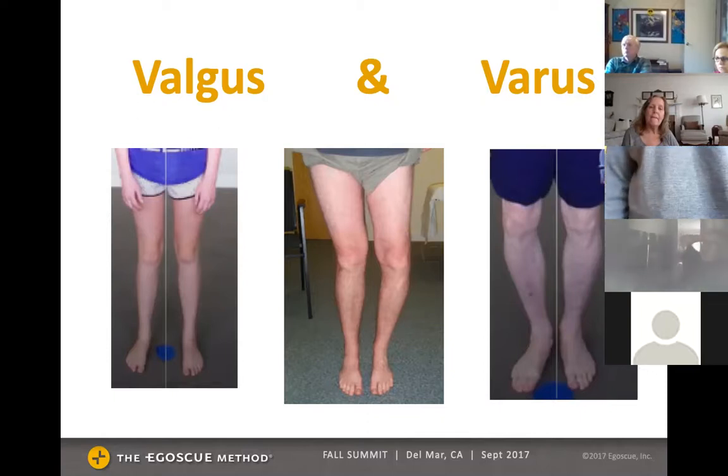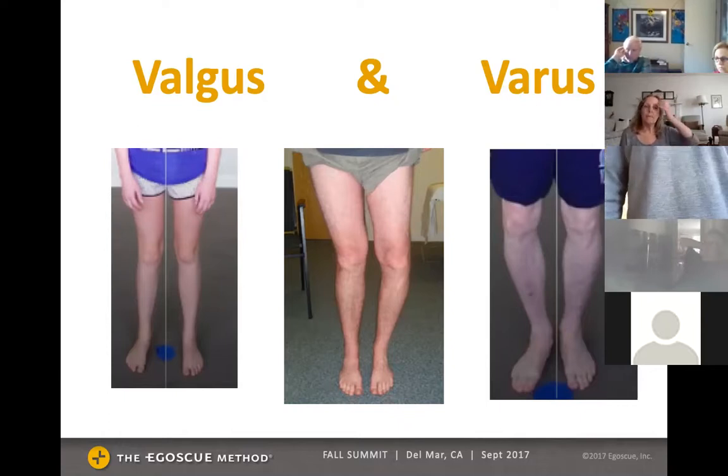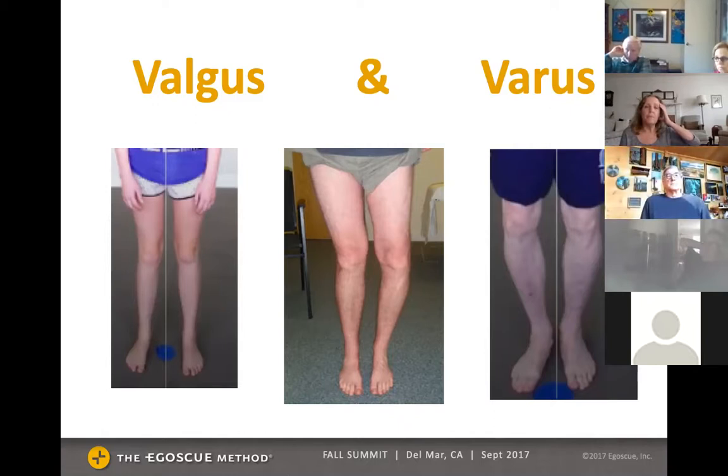So in valgus, knock-knee, the knees are going in, relative to that vertical line, instead of being directly over the ankle and directly below the hip. Now the knee is moved inward. So you can see on our left here, the person's right knee is more valgus. You can see the knee almost touching the middle line versus the left knee. It's a little bit valgus as well, but it's more straight.